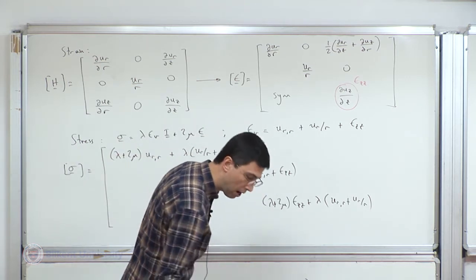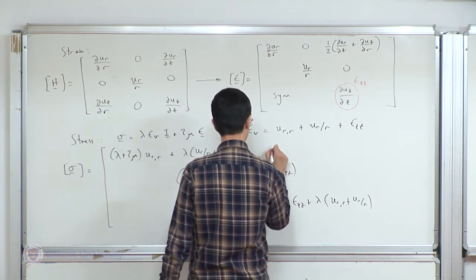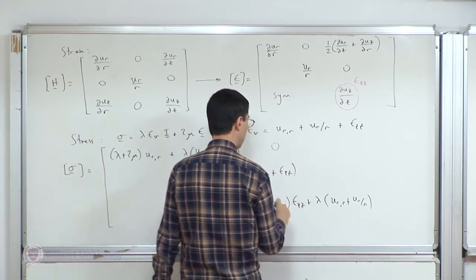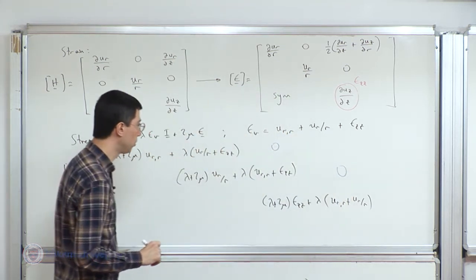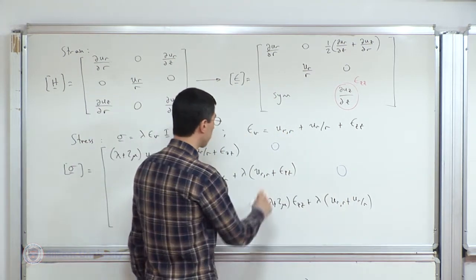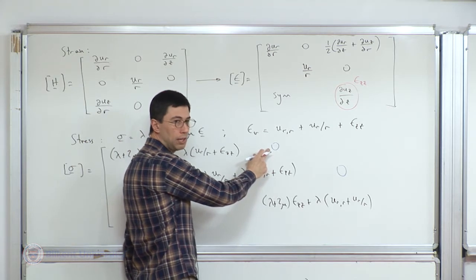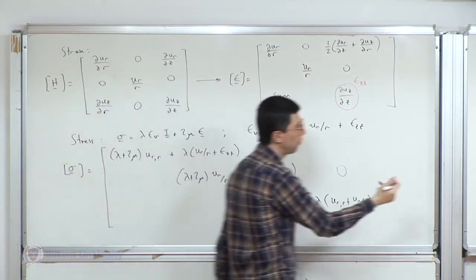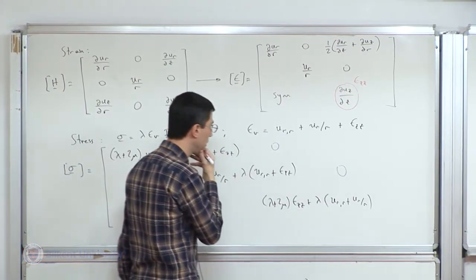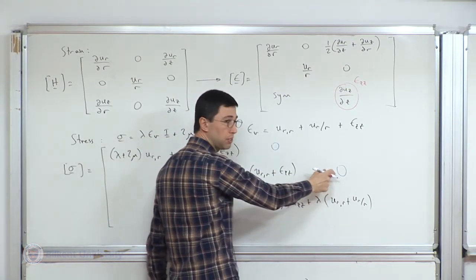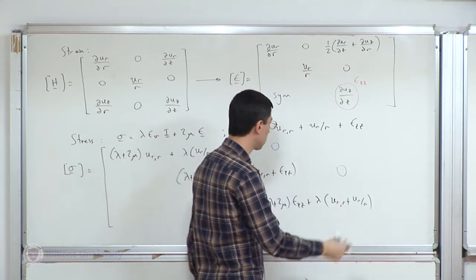Okay, and just to highlight, let's not forget, sigma r theta is equal to 0, sigma theta z is equal to 0. Sigma r theta is 0. I didn't assume anything specific apart from the symmetry. That's why it's 0. There is no theta dependence on any variable. Sigma theta z is 0 because of the plane stress assumption.